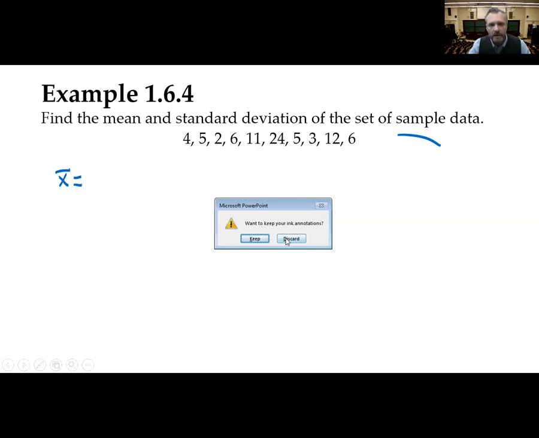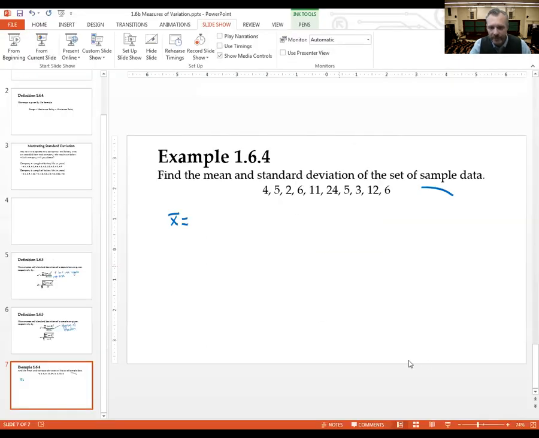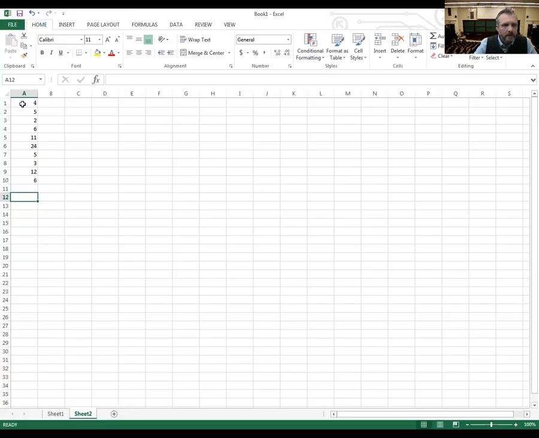If you want to go ahead and pause, you might consider doing that. Okay, so I have my data in this column, and I'm going to write equals and then average parentheses and drag down here. And so I get a mean of 7.8.